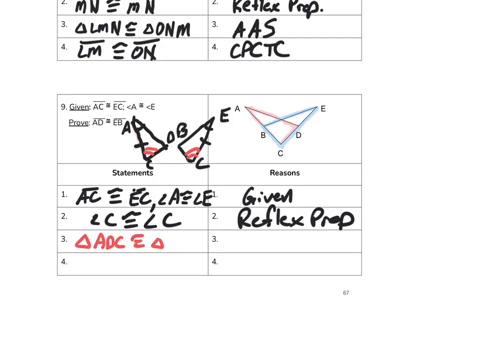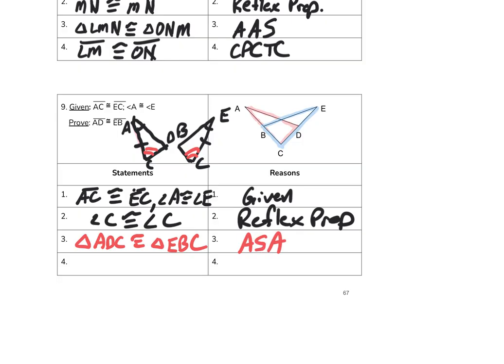So A is going to match with E. Okay, then we went to D. D doesn't have a marking and B doesn't have a marking, so D and B are going to match up. And then C has two markings, and this has two markings. Okay, and so we would say that those two triangles are congruent because of angle, side, angle. Okay?